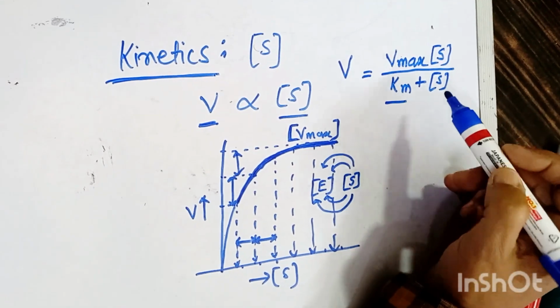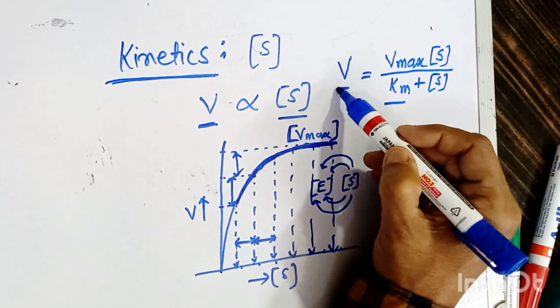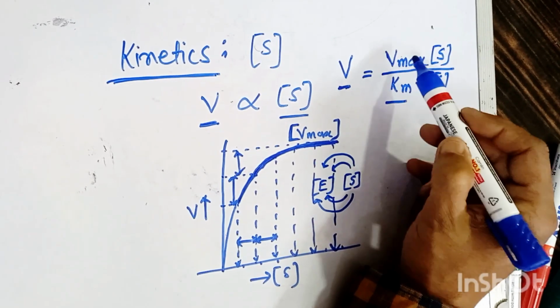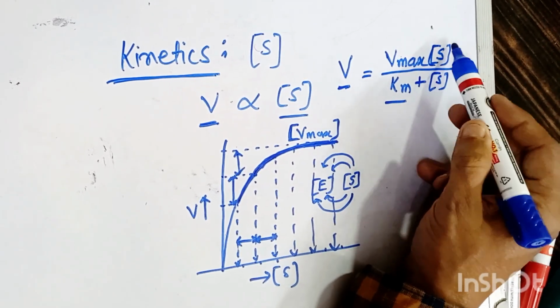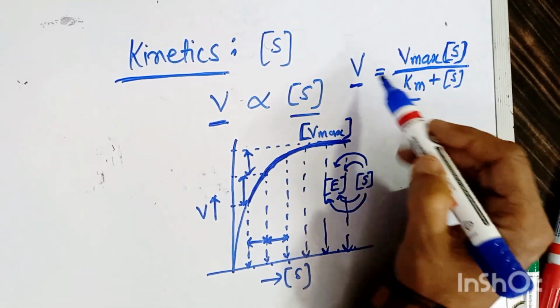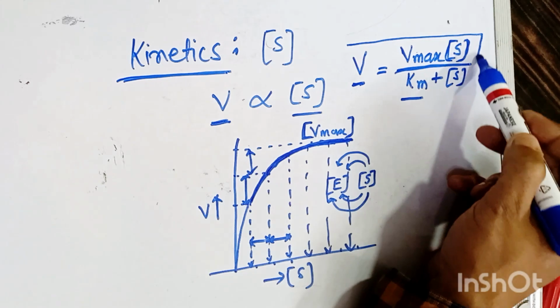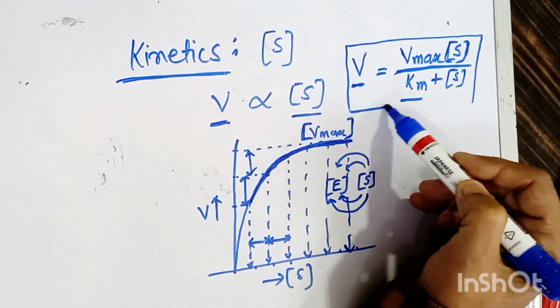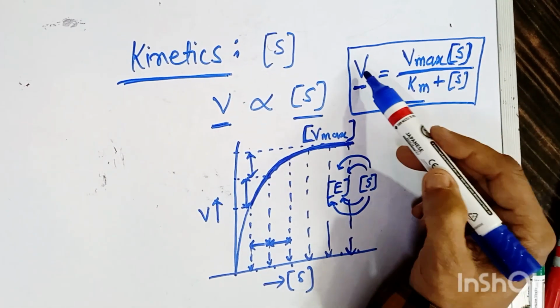The velocity is given by the velocity maximum multiplied by the substrate concentration divided by Km plus S. Now this is called the Michaelis Menten equation, and we need to memorize it.